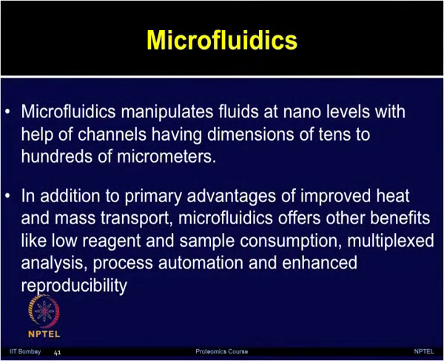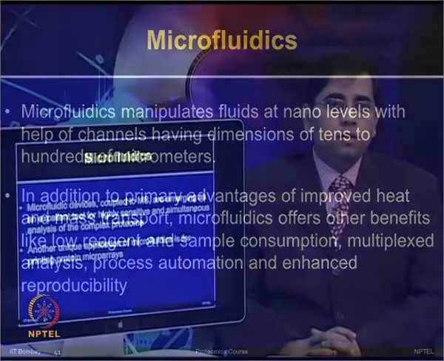micrometers. So, in addition to the primary advantage of improving the heat and mass transport, the microfluidic system offers various other benefits such as low reagent requirement, low sample consumption, multiplexing analysis, automation process, as well as enhanced reproducibility of assays.